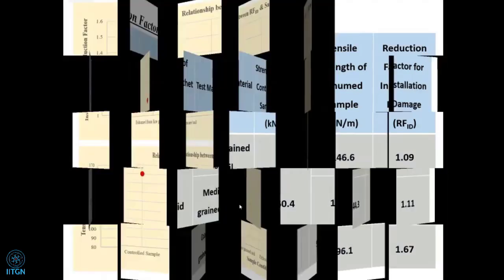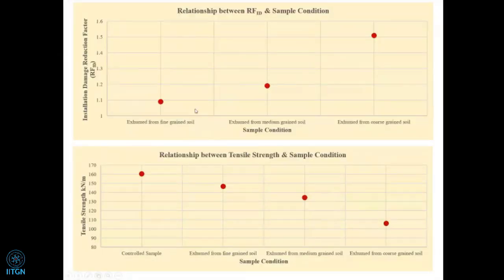This is the plot which we normally do for the installation damage reduction factor on the y-axis, and the different kinds of soil which we use, like fine-grained soil, medium-grained soil, and coarse-grained soil. So this is the graphical representation of the values which we observed, 1.09 to 0.97.